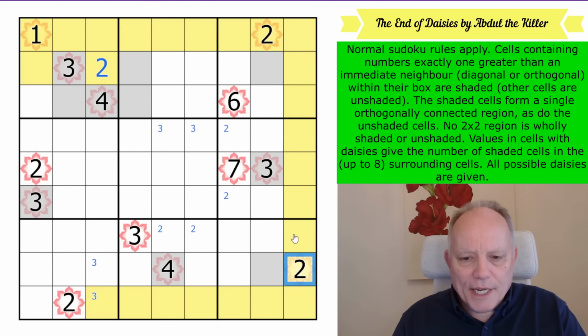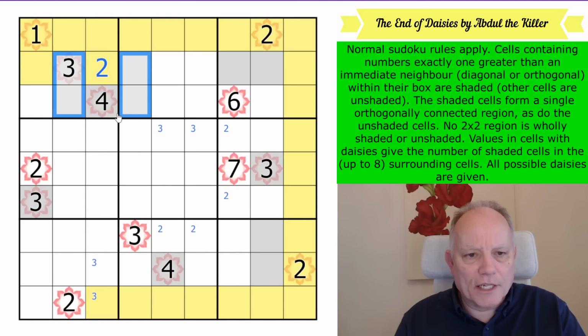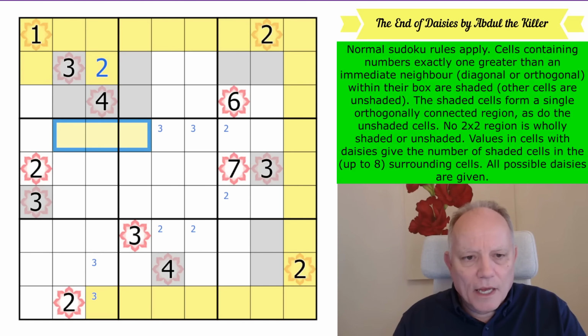This 2, it needs shaded cells there and there. This 2 needs shaded cells there and there. The daisies seem very helpful. This 4 has got its shaded cells already, so these are all unshaded. This 3 hasn't got any.